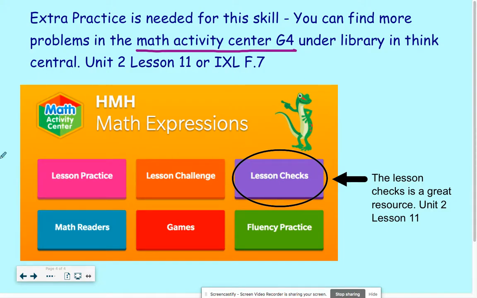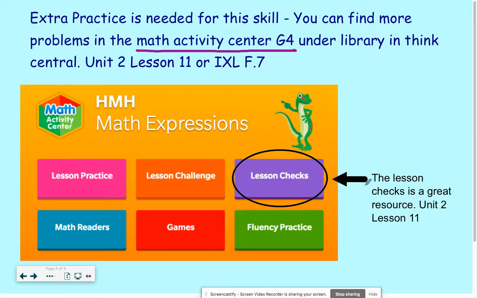If you click on it, you should be given some of these options that you see right here. The one that's probably going to help you the most is this lesson checks. That's going to look a lot like the different practices that you've been assigned through the year. It gives you some help buttons. It gives you the check button, the retry button, and just definitely gives you more problems.